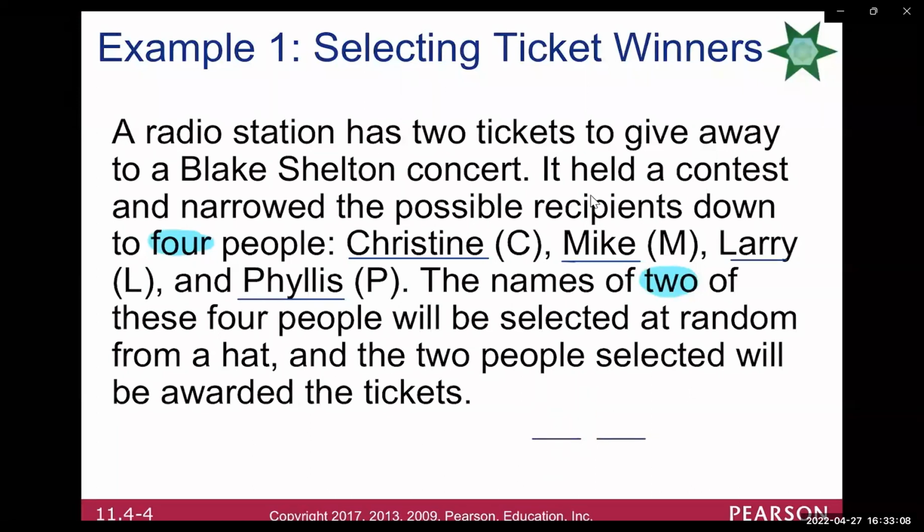How many choices are there for person number 1? There are 4 people that can be winners, right? So that means there's four people that can possibly be the first one selected.